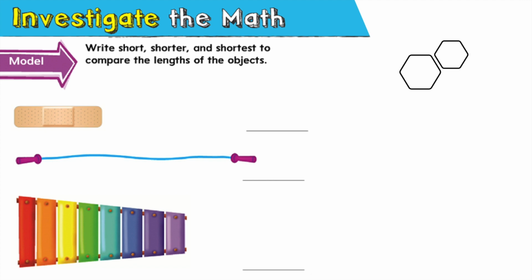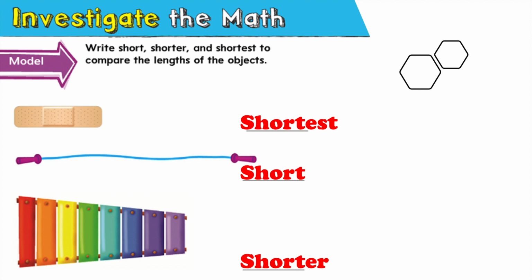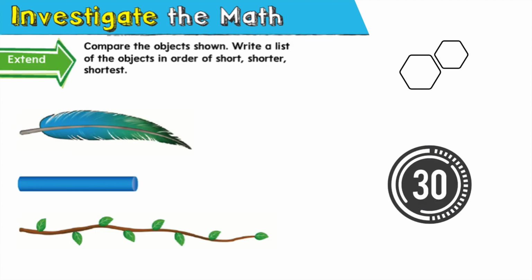Let's look at the objects. We have a Band-Aid, a jump rope, and an instrument. Which one would be the shortest? Yes, the Band-Aid. Now between the jump rope and the instrument, which one would be shorter? The instrument. That means that the jump rope would be short.